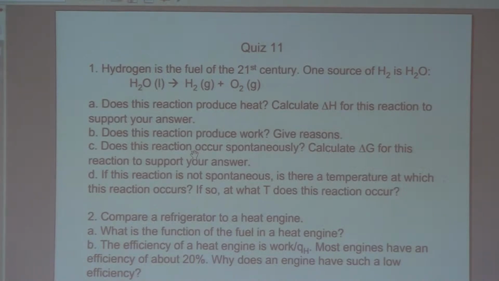How do you determine whether a reaction occurs spontaneously? Yeah, so how do you calculate delta G? What formula do you use? Okay, again, use Hess's law. Look up the delta G of formation in Appendix 2. Then for Part D, if the reaction is not spontaneous, is there a temperature? How would you answer question D? What formula would you use there?